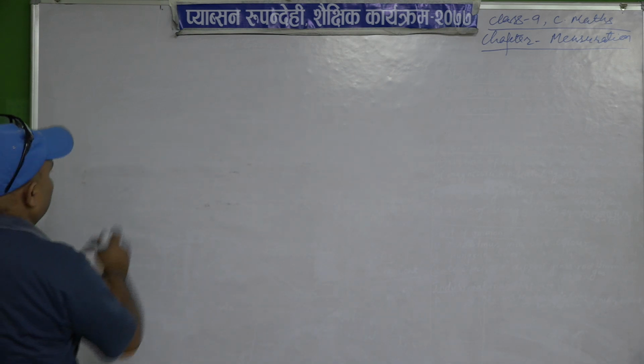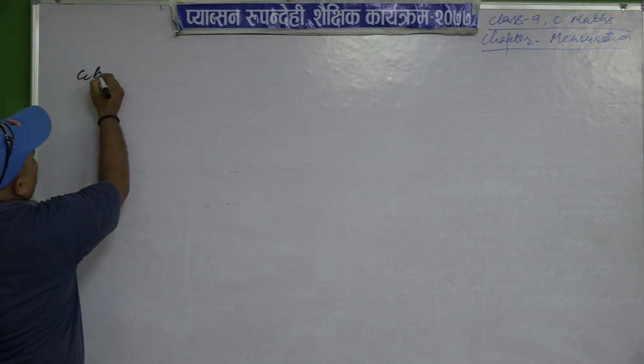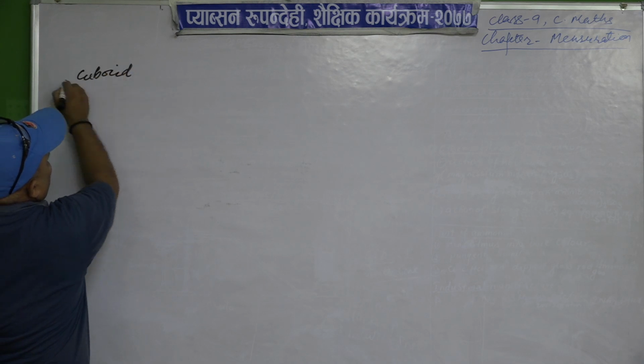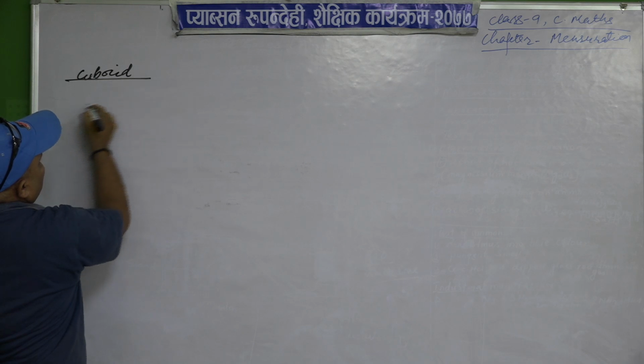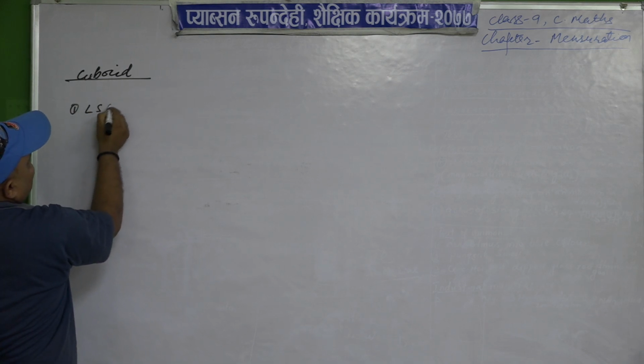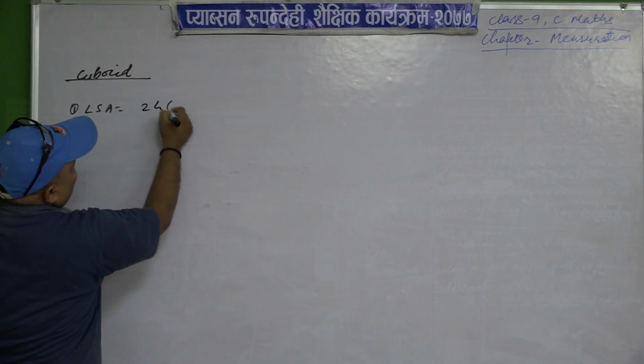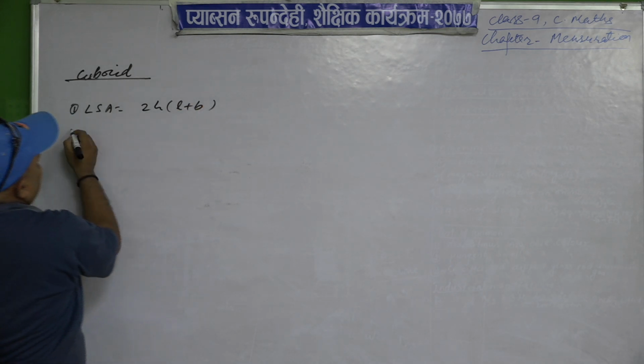See here, in cuboid, LSA is equal to 2H(L plus B).